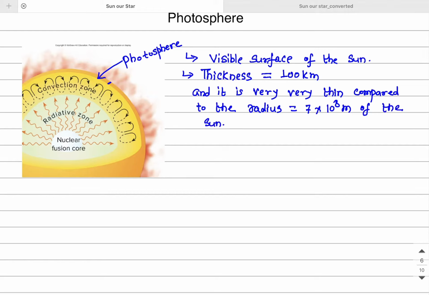The sun's radius is 7 times 10 to the 8 meters, and the thickness of the photosphere is only 100 kilometers, so it is very, very thin.